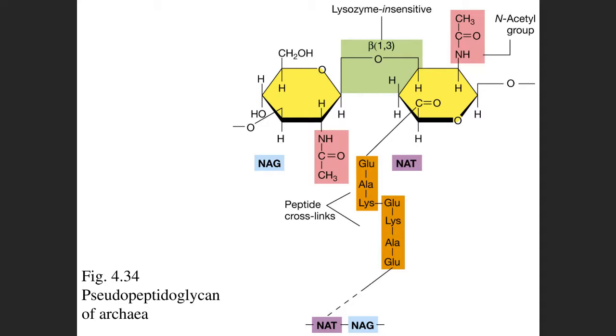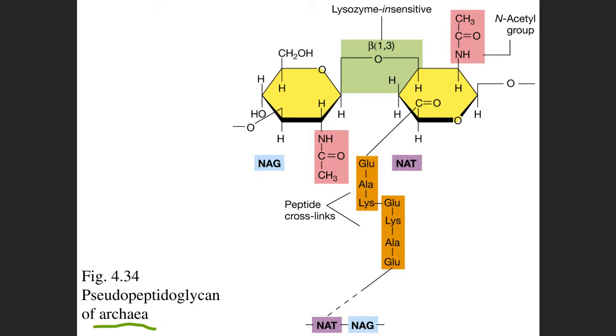So the net result, as you will see later, is that Archaea have pseudo-peptidoglycan, versus bacteria. They don't have peptidoglycan, and they don't have a neat repeating unit. So their cell wall is irregular in shape.